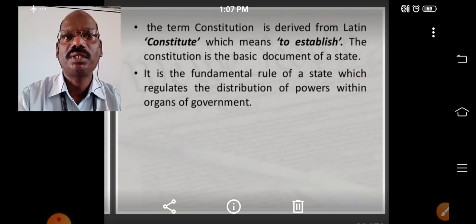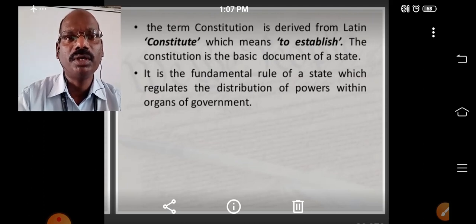The constitution is the basic document of any state. It is the fundamental rule of a state, which regulates the distribution of powers.